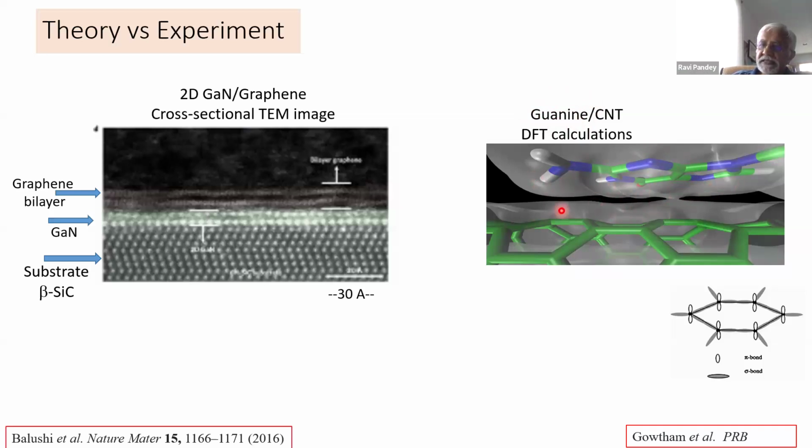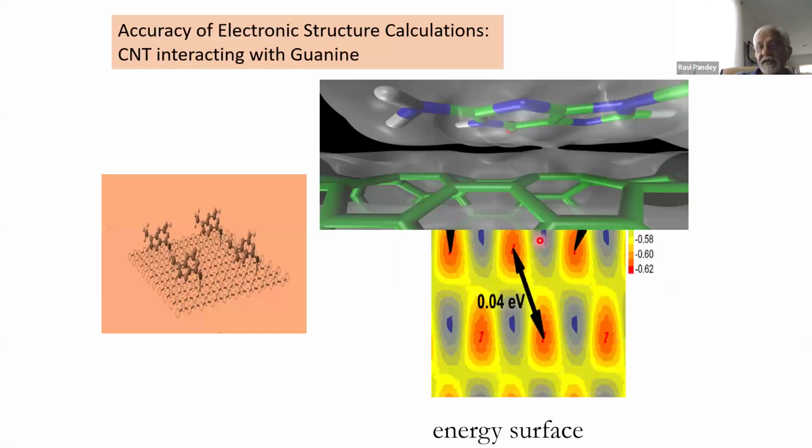You can see we can easily simulate such a weak interaction between the pi electronic cloud of guanine and carbon nanotubes. In terms of the energies, once we calculate the energy surface, the accuracy is about 0.4 electron volt, which is pretty accurate in an energetic sense.